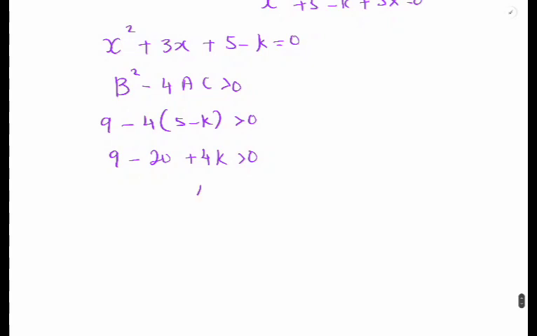So from here 4k is bigger than 20 minus 9, what do you get? 11. So k is bigger than 11 over 4. That's your answer. Okay, the end of quadratic equation 2.